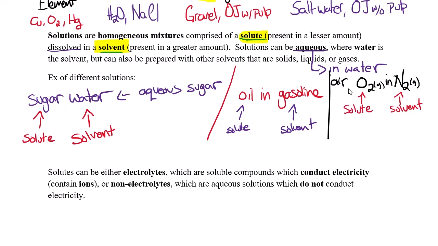And they don't have to be gases either. You can have a solution which contains two solids if they're evenly mixed. So an example here would be brass. Brass is a solution made of different metals. They're mixed together when they're liquid, and then they're allowed to solidify. It's made mostly of copper.